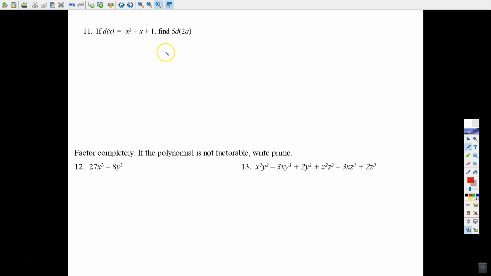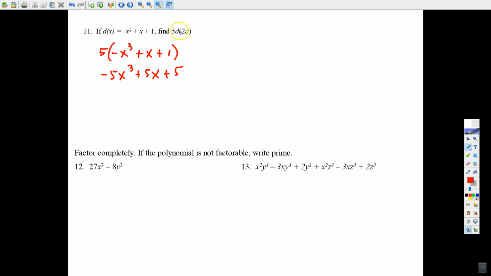All right, number 11 says if we have this function called d, how do we come up with this? It says 5 times d, and then once we do that, we're going to input 2a. So let's do 5 times d first, and literally that means multiply 5 times the d function. So we'll use the distributive property, negative 5x cubed plus 5x plus 5.